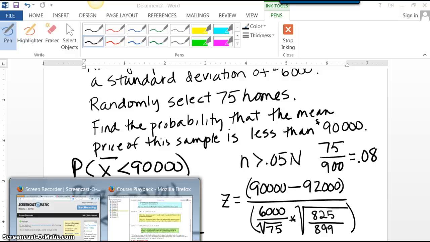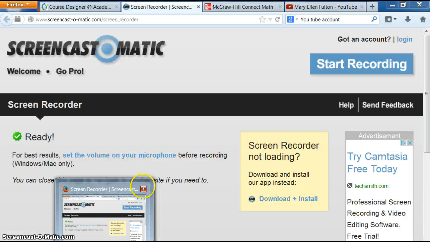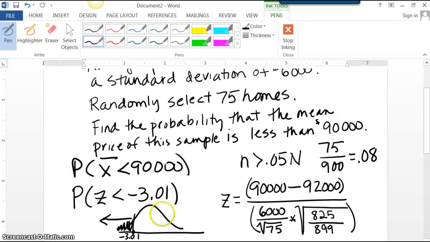It looks like it's 0.0013. So not a very likely chance that the mean price of the sample would be less than $90,000. Very small probability right here.